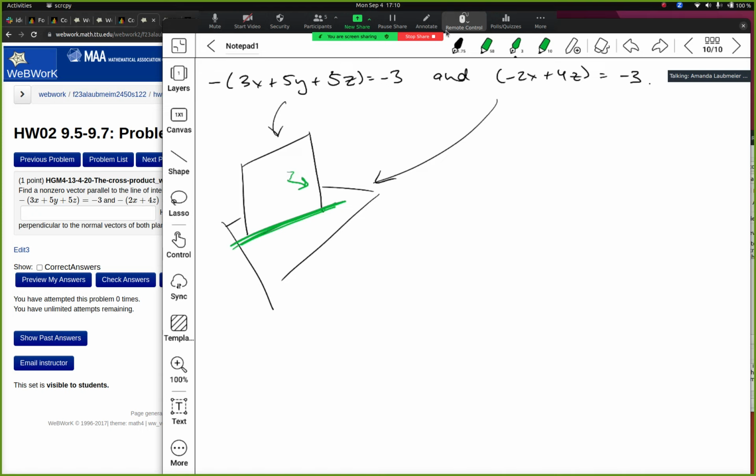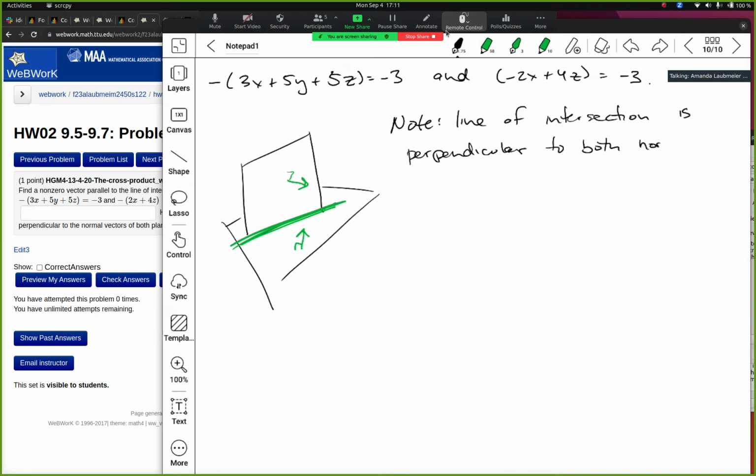And same reasoning, the line of intersection lies in the bottom plane, so the normal vector for that plane is going to be perpendicular to that line, because it's perpendicular to everything that lies in the plane. So the line of intersection is perpendicular to both normal vectors.